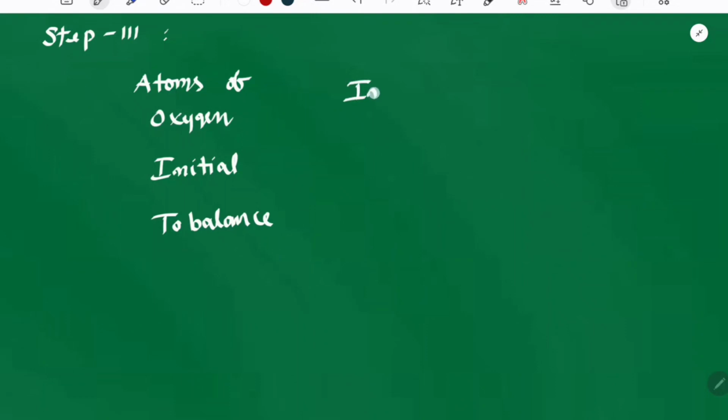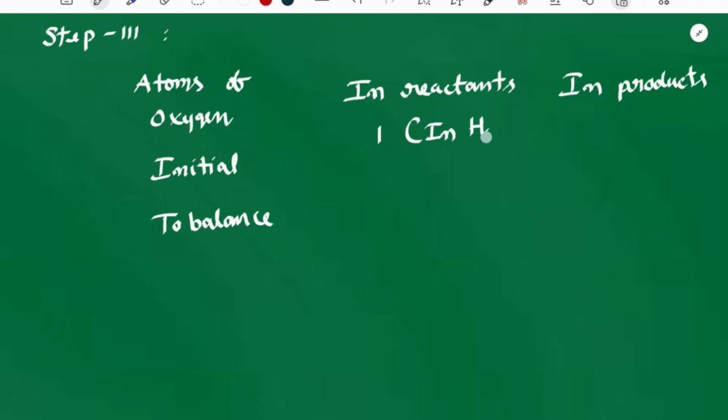First, in reactants and in products. Reactants: here only a water molecule is present. One molecule of water contains only one atom of oxygen.